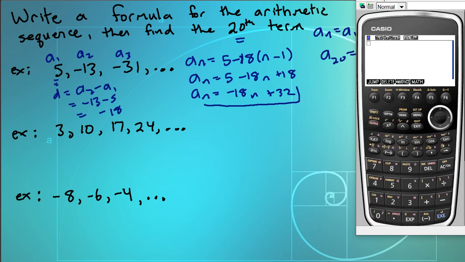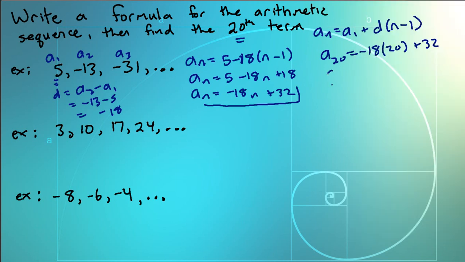And I'll bring up my calculator to help. So negative 18 times 20, because I want the 20th term, plus 32. I get negative 328. All right, and that one's done.